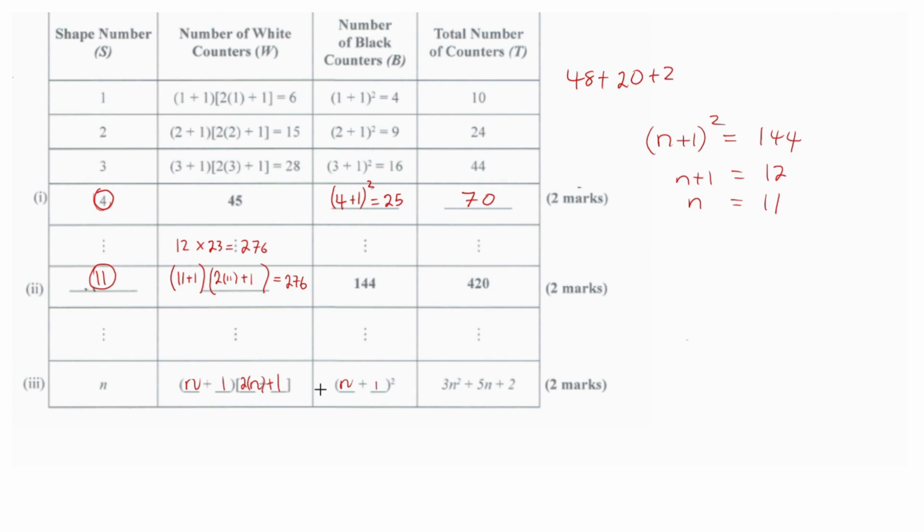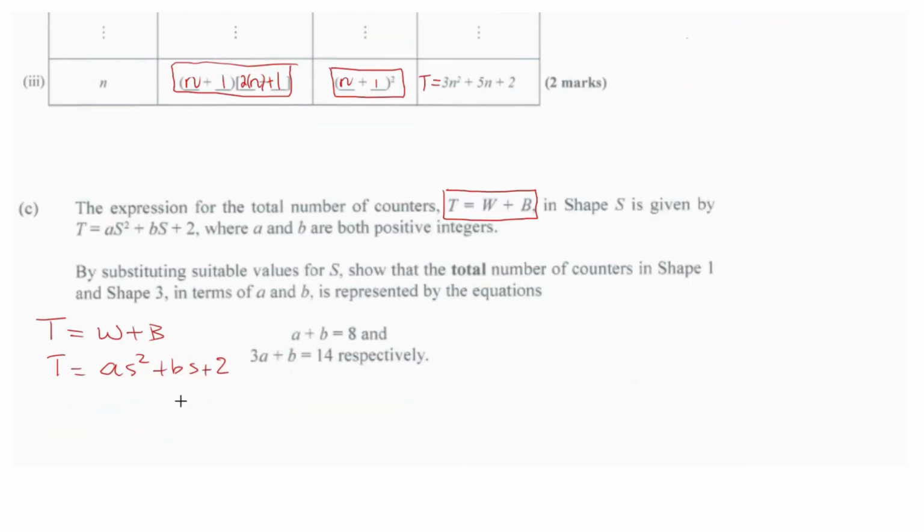So if you square this part of the algebraic form for the nth term for w, and also if you square this part and you add them together, you get the value of t, which is given here. So t is also equal to this. So let's write this down. So t is also equal to 3n squared plus 5n plus 2.